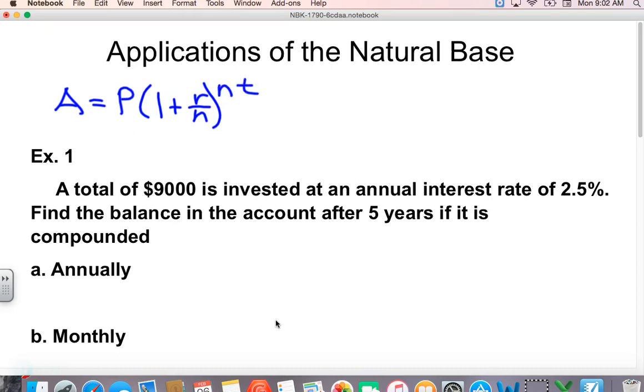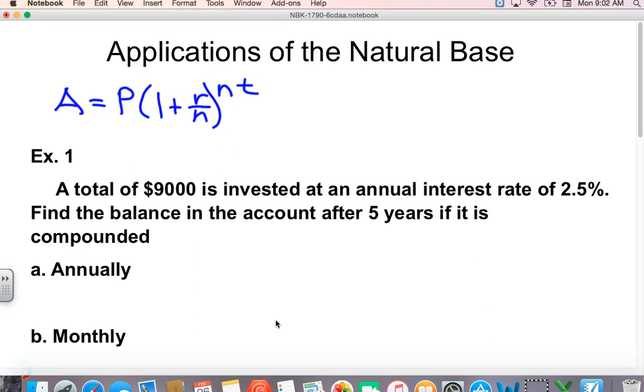Both of those n's represent the number of times your interest is compounded per year. Sometimes you hear the word compounded. So n is how many times it's compounded or calculated per year. And of course, t is the time in years that you leave your money in the bank, or in whatever account it's getting that investment added onto.